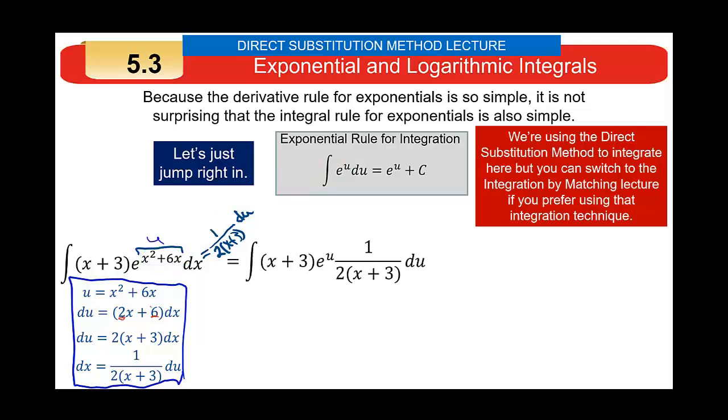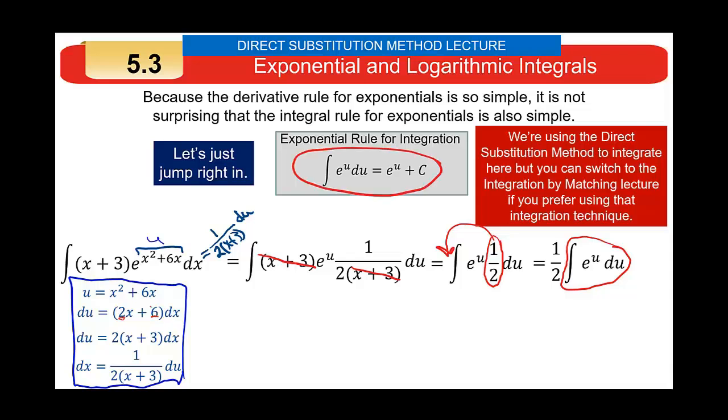And now you can see that the x plus 3's divide out, leaving you with the 1/2 and the e to the u du. We know that a constant factor can be brought out of the integration sign if we like. I'm doing that. And then it matches. E to the u du is e to the u plus c. Don't forget the 1/2.